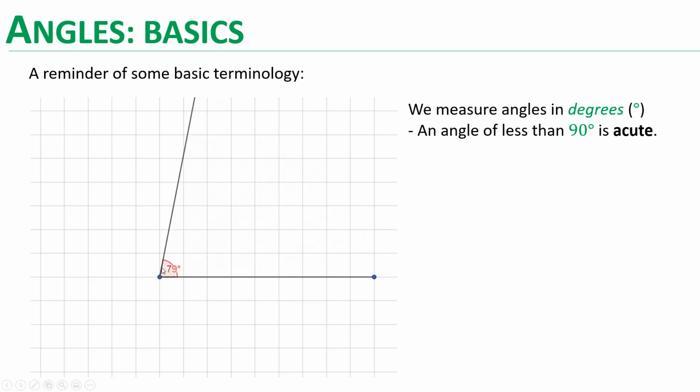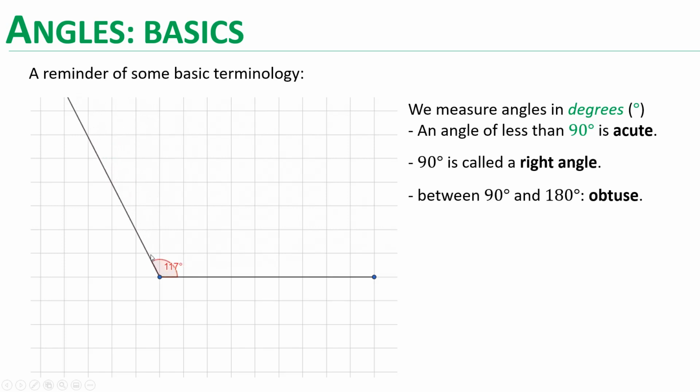And if it is precisely 90 degrees, we call it a right angle. It can become bigger. If it is between 90 and 180 degrees, we call it obtuse. And if it is precisely 180 degrees, which it will be soon, we call it a straight angle.